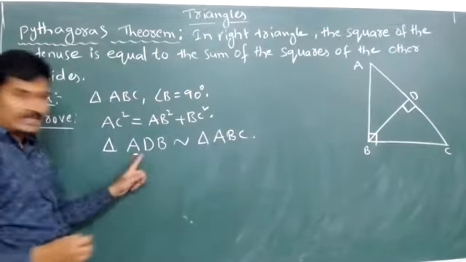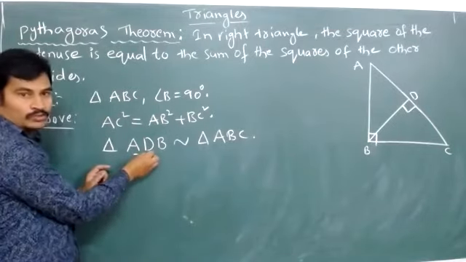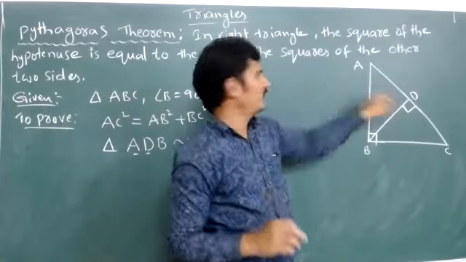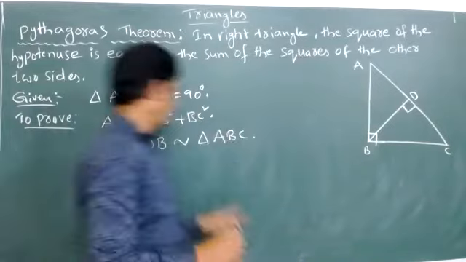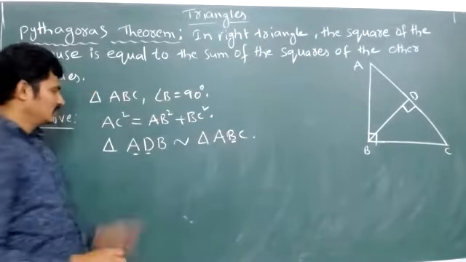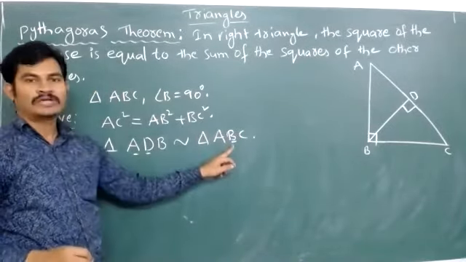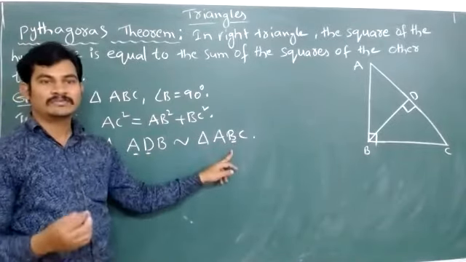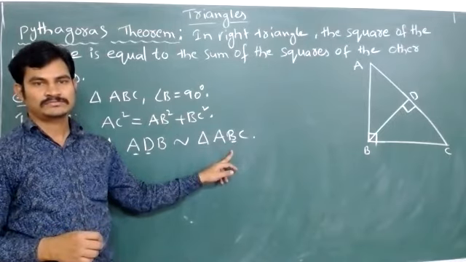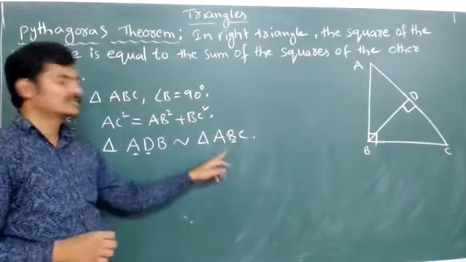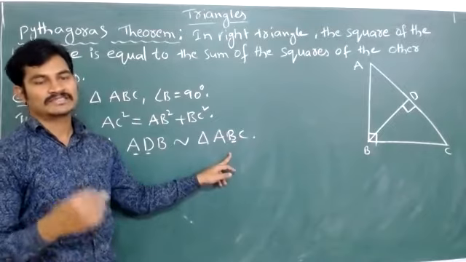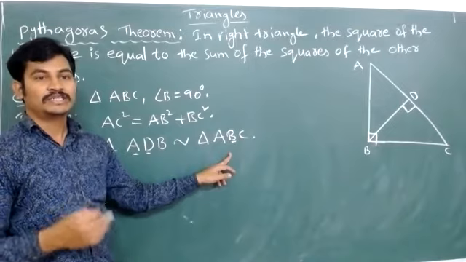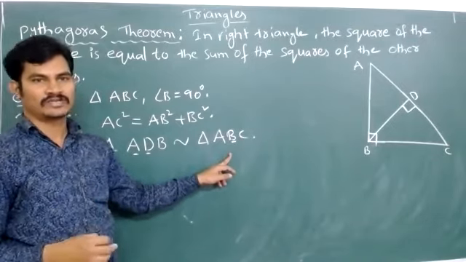In triangle ADB, angle D is 90 degrees, and in triangle ABC, angle B is 90 degrees. So angle D is equal to angle B. By the AA test, these two triangles are similar. If two triangles are similar, by CPST, corresponding parts of similar triangles, the ratios of corresponding sides are equal.